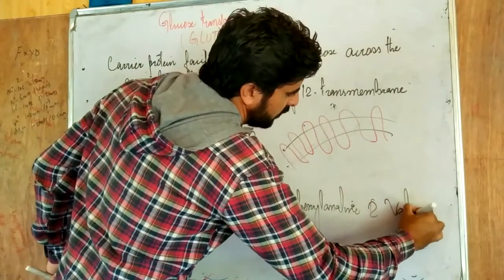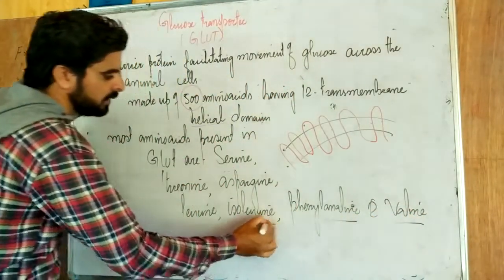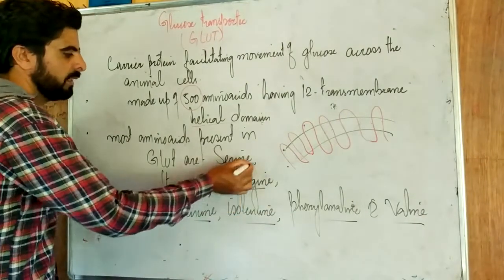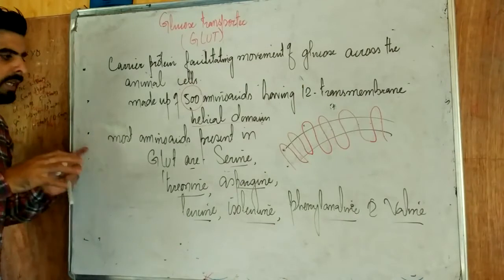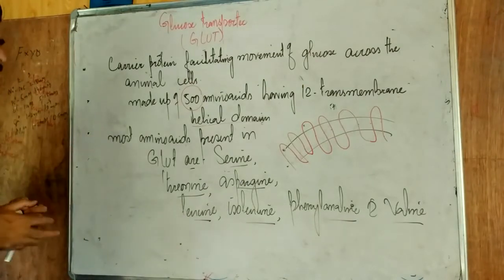So these are the most important amino acids which are present inside the GLUT, that are serine, then we have threonine, then asparagine, leucine, isoleucine, phenylalanine, and valine.